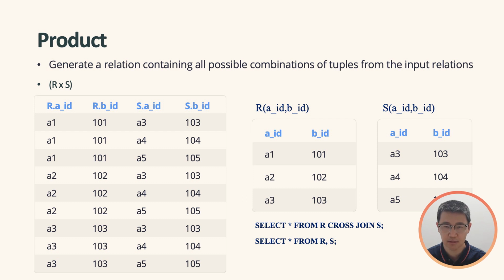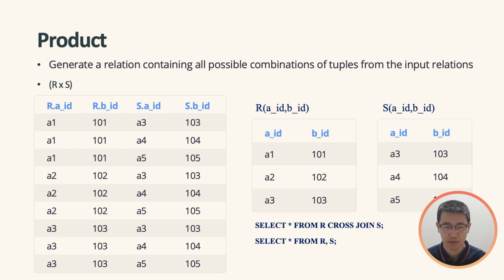For instance, if A1 11 multiplies this relation, it will perform a cross join with A3 13, which is this kind of multiplication relation. After the connection, it will combine A1 11 with A3 13, A1 11 with A4 14, and then A1 11 with A5 15. Totally 3 times 3, which is 9 tuple combinations in total.